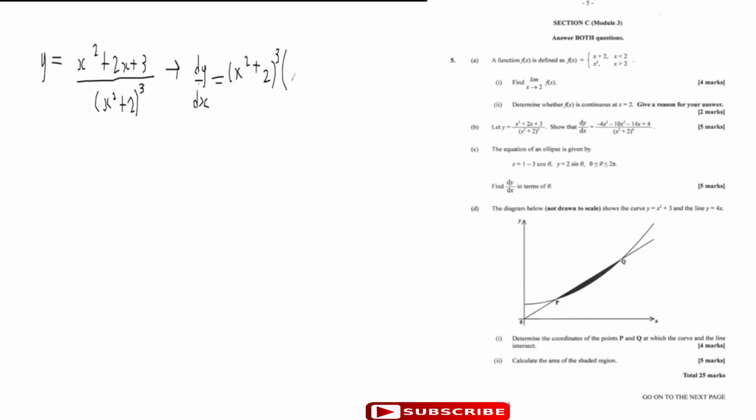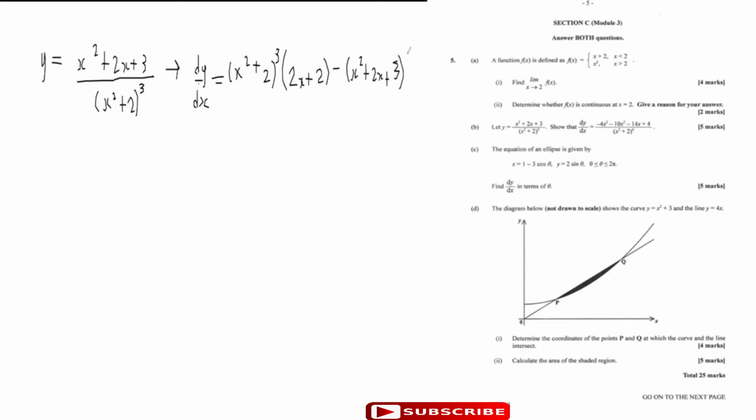The differential of the top is 2x plus 2, minus the top. And the top is x squared plus 2x plus 3 times the differential of the bottom.